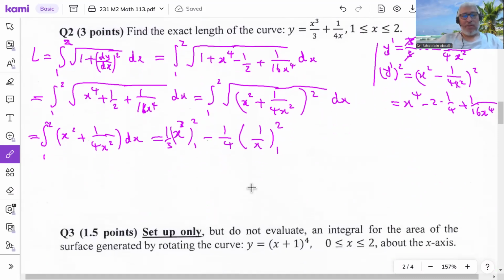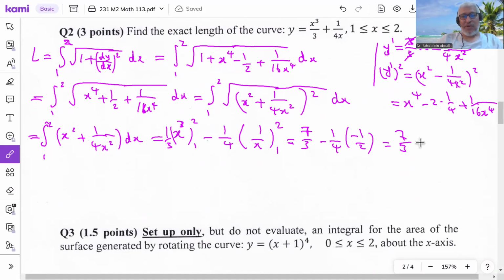Okay. So we will have 1 over 3 times 2 to the power 3 is 8, minus 1, that's 7. Then minus 1 over 4 times 1 over 2 minus 1. So it would be negative half.